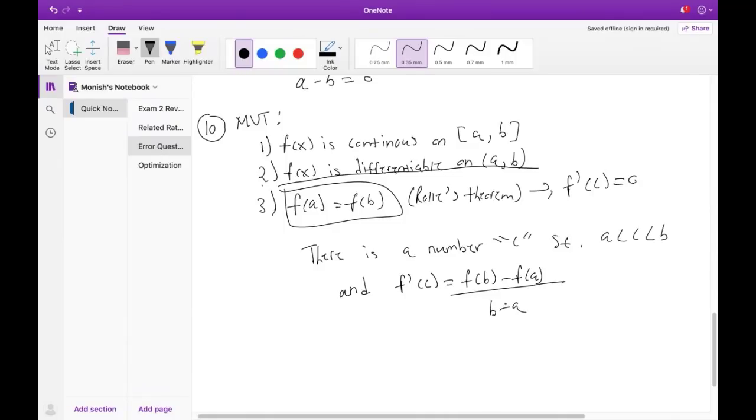So this is just saying basically there's a point where the average slope is equal to the instantaneous slope on the interval.